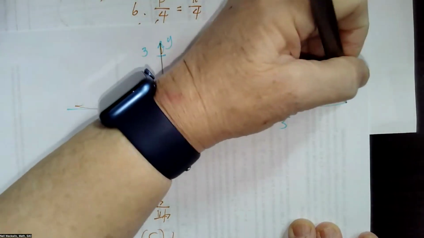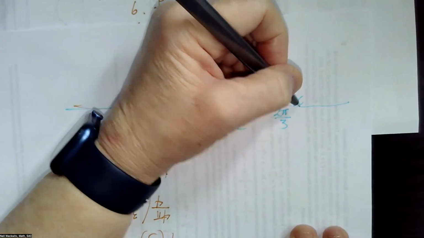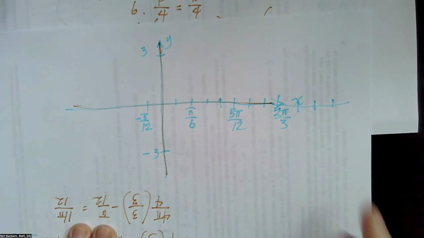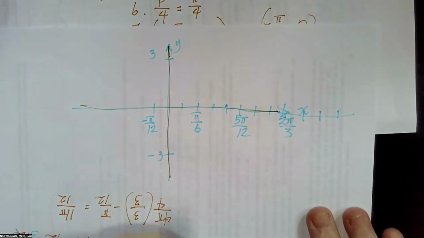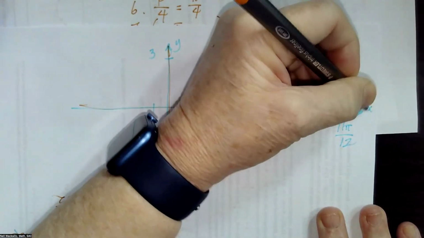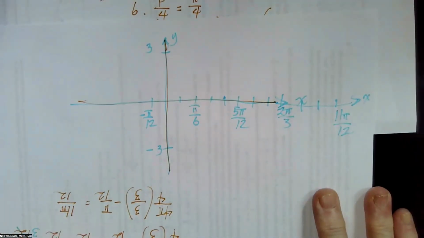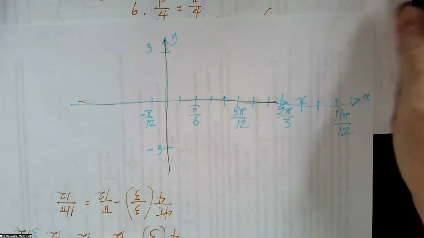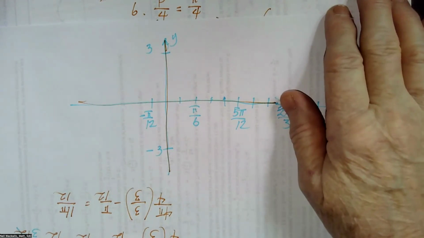And then we stopped at 11π/12, I think. Yes, 11π/12. So I just counted by π/12 because I remembered that that's our smallest unit.